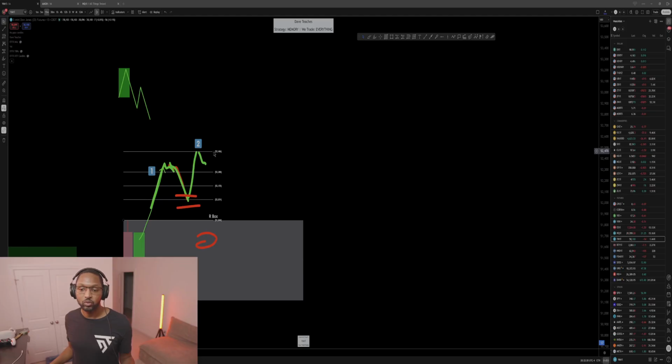So we see that we put in this high that's up above here, and we retrace back to the 70% on that second move down, right? We go back into the 70% that's here, and then we end up trading higher again on that 70.